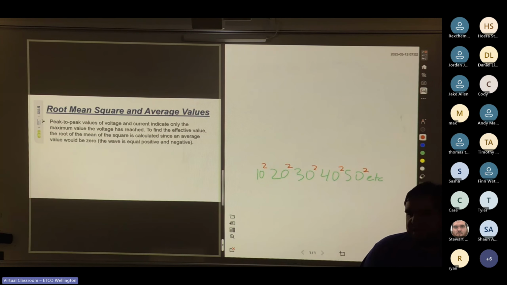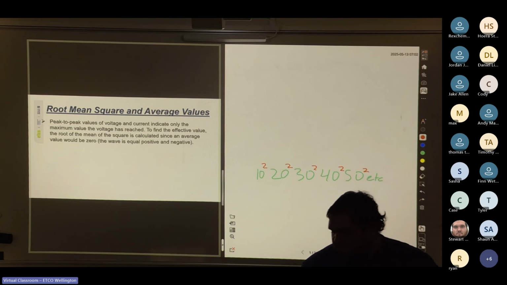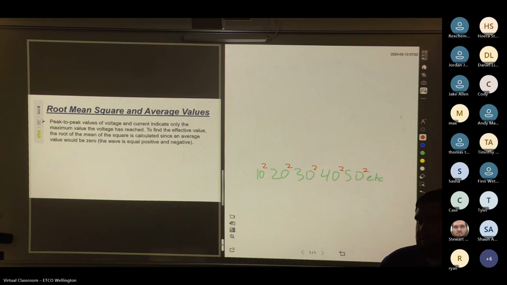Does everyone remember what the mean is when we talk about statistics? Yeah. So it's the average of a data set, calculated by summing all the values and dividing them by the number of values.